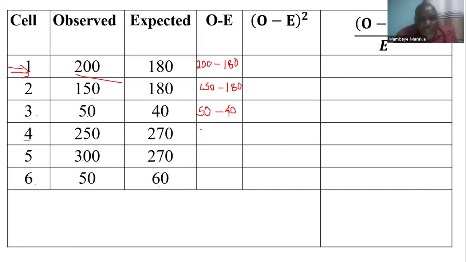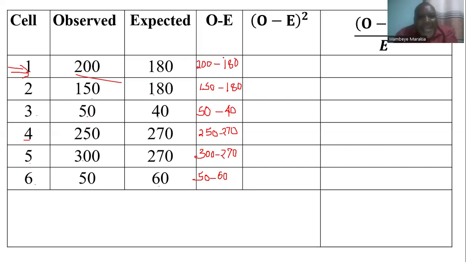This one will be 250 minus 270. This one will be 300 minus 270. And this one will be 50 minus 60.